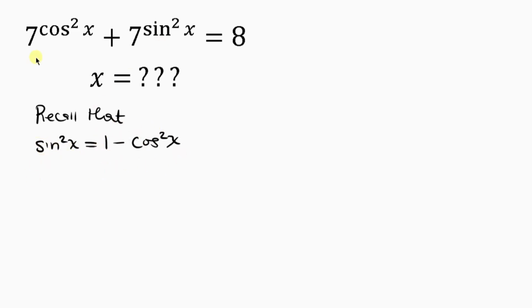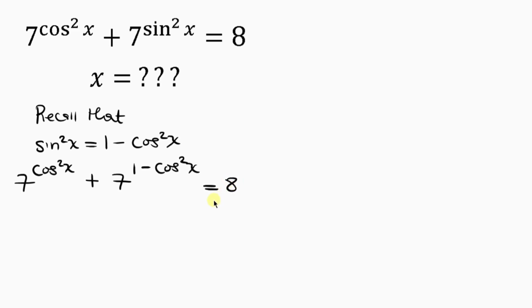So we have 7 to the power of cos square x plus 7 to the power of, instead of writing sine square x, I'm going to be writing 1 minus cos squared x. You notice that I now have a single trig ratio of cos squared x, equal to 8.